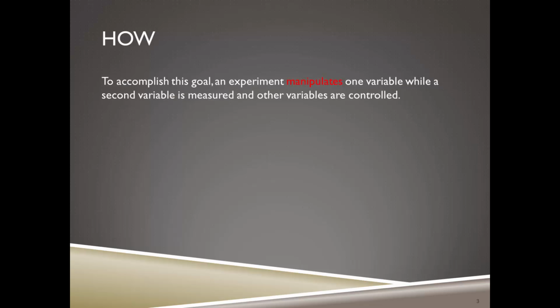What does it mean? It means that you have two variables, you manipulate or change one variable to see how the change in this variable affects the other variable, assuming that all other variables are controlled.